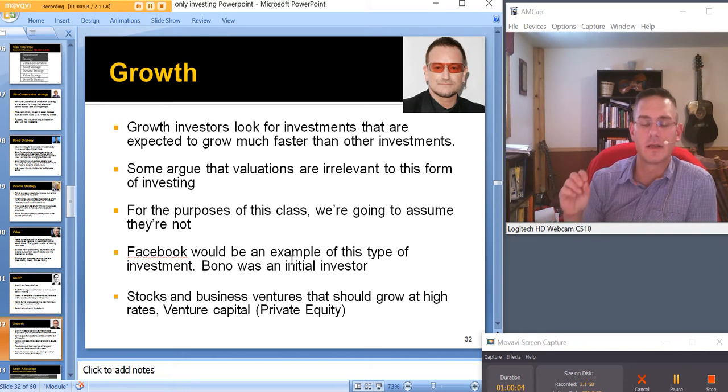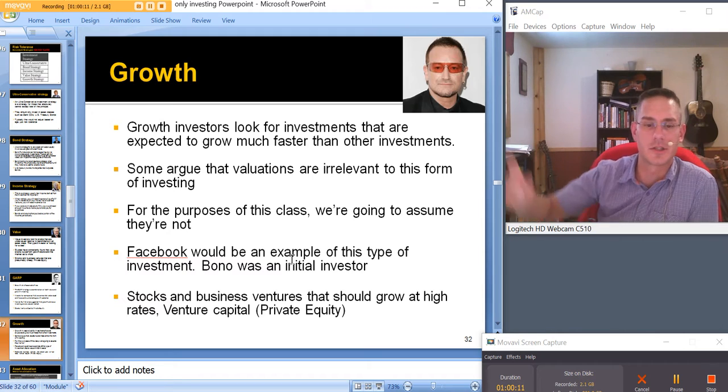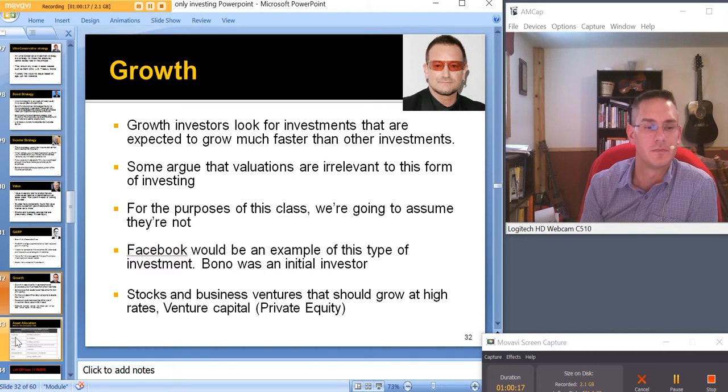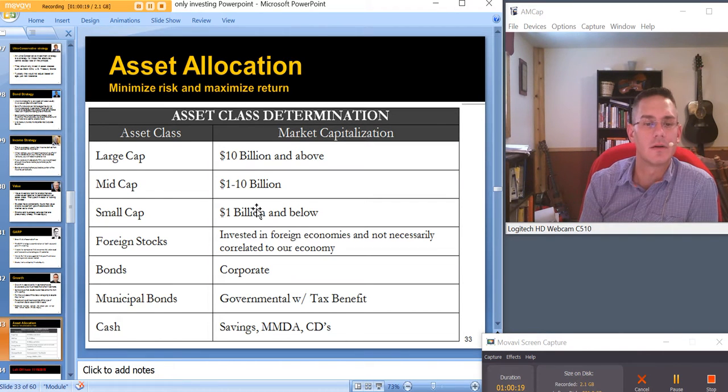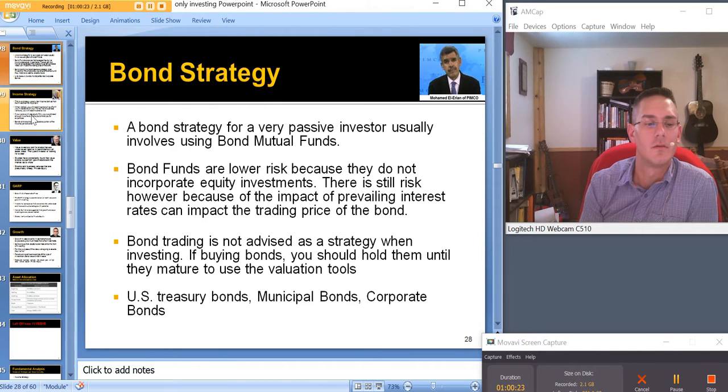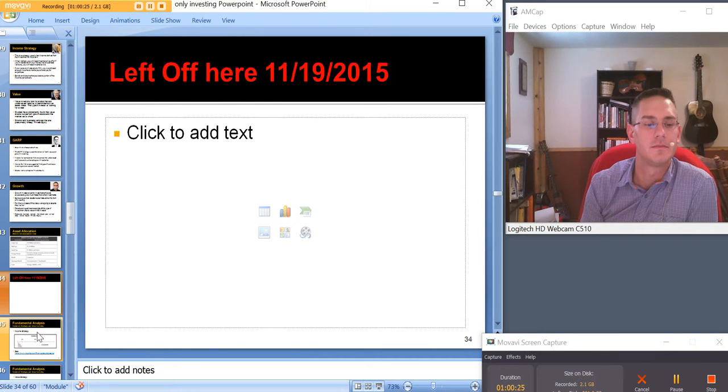Their hope is that once they go public and start selling the stock on an open exchange, the stock price will just skyrocket. So again, that's a growth type of investment. So again, here's our asset allocation. Here are the strategies that tell us when and how to invest.